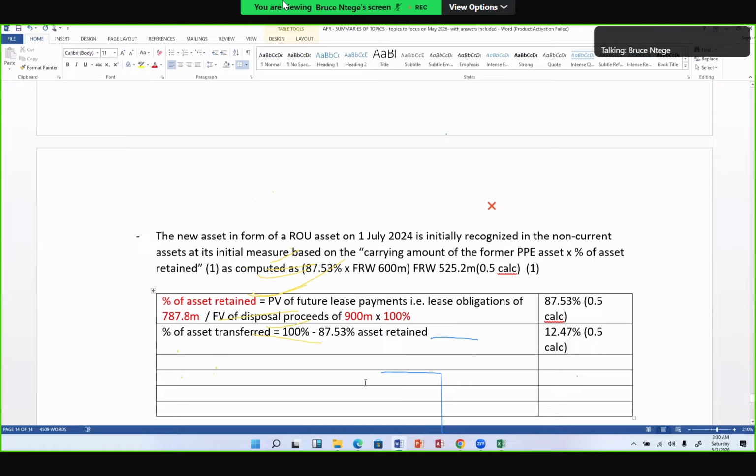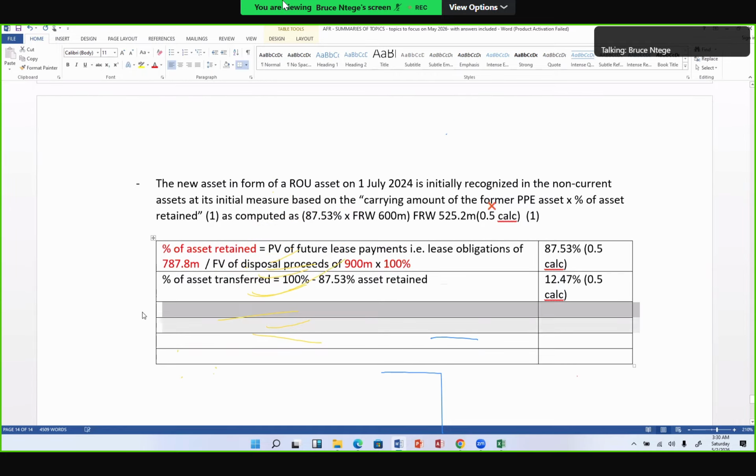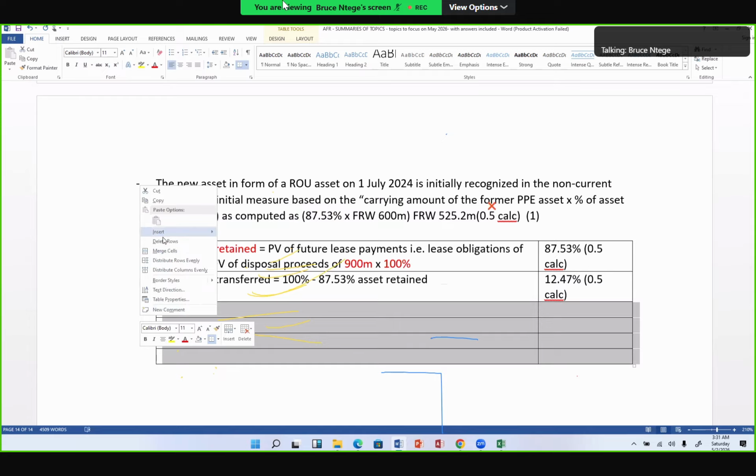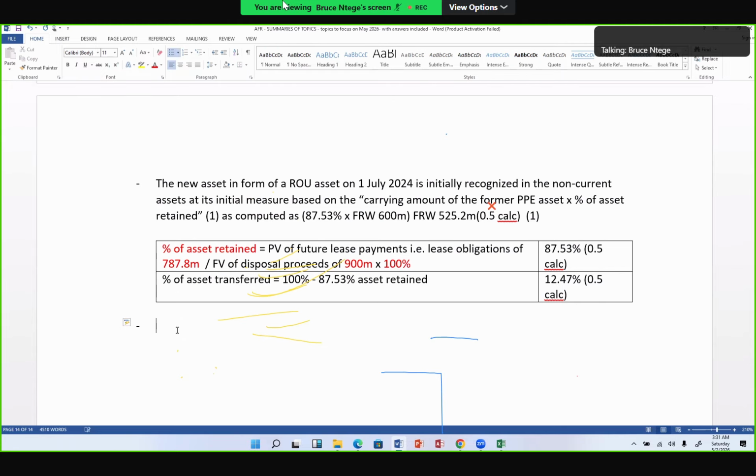Okay, then you come to say that therefore the gain on disposal of this asset is going to be computed, and then you need to recognize it in the P&L. Shall I say, as another point, that the gain or loss on disposal of that office building is going to be computed?